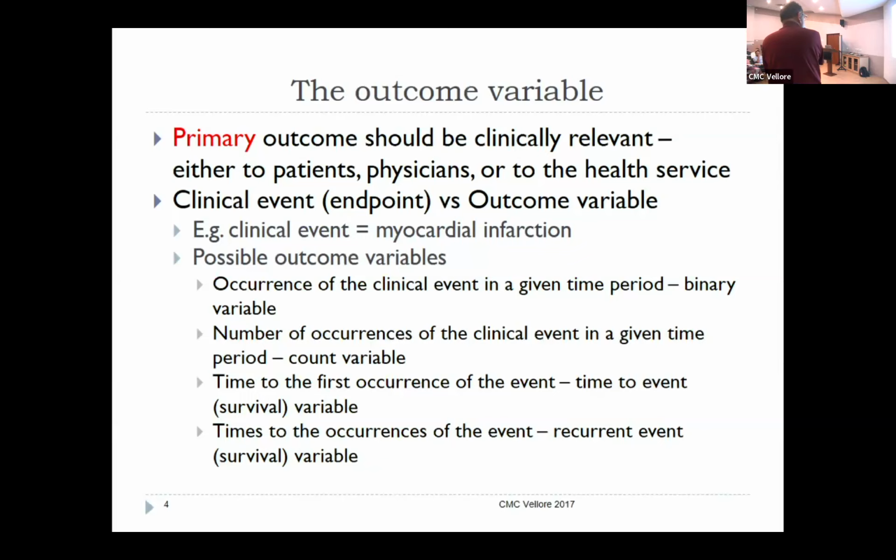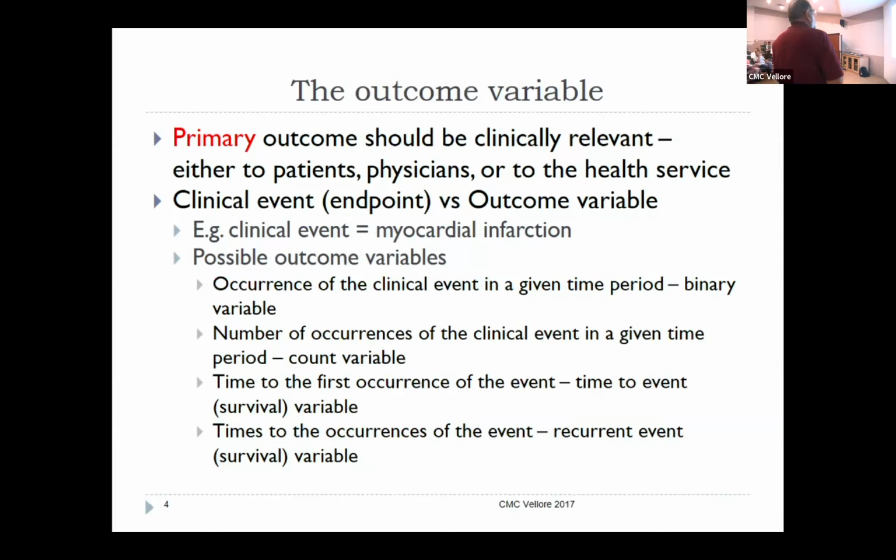The word many times used for this is endpoint because that is the event that determines somebody got this or did not get it. Now I don't have to continue to follow that person. So I've ended the follow-up of that. That's where the word endpoint comes in.